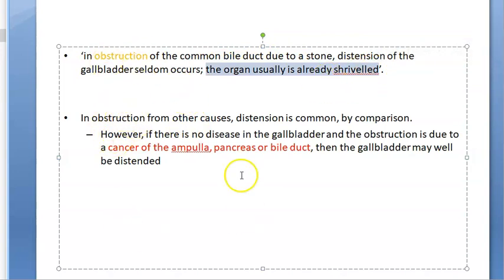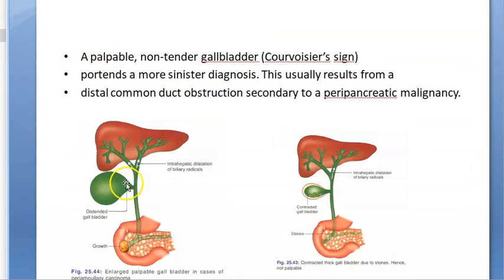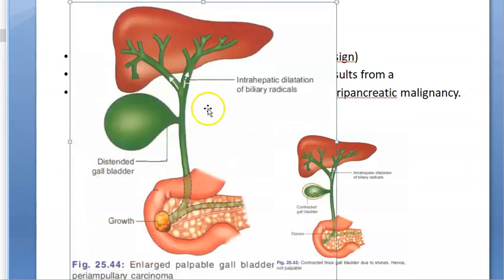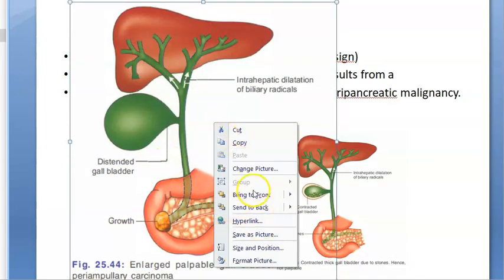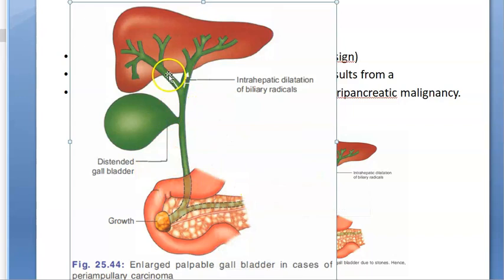Okay. Then why is this rule important? Just to rule out gallbladder? No, it's not to rule out gallbladder. What they are saying is if you can feel the gallbladder, okay, and you're still suspecting that there is an obstructive jaundice in this guy, then be very careful. It could be because of pancreatic cancer.